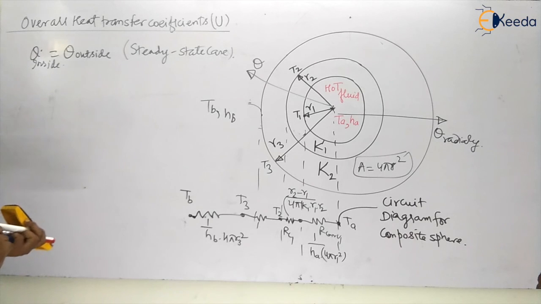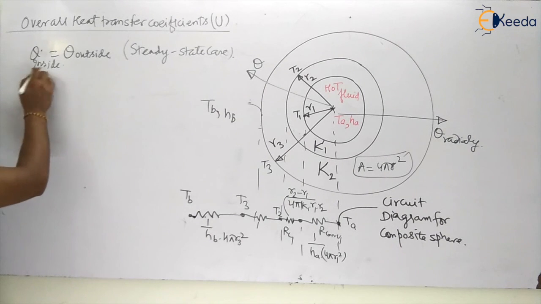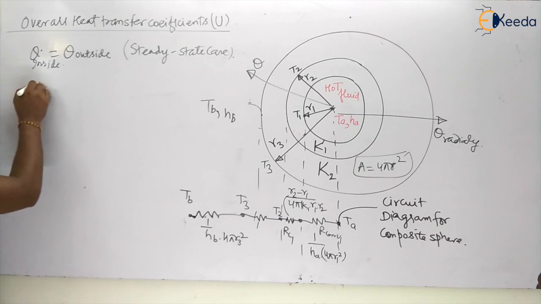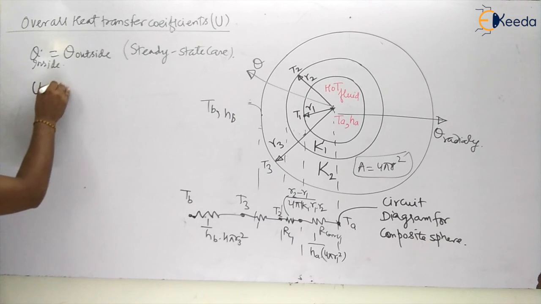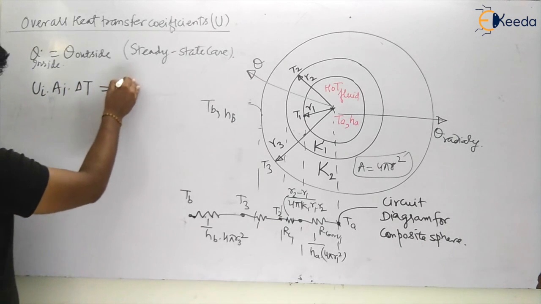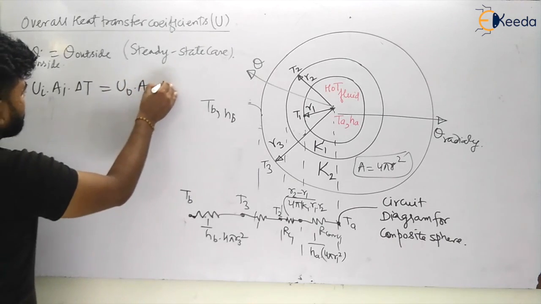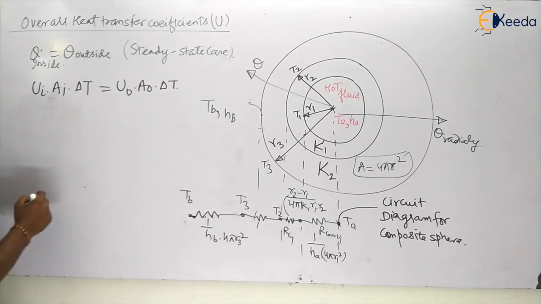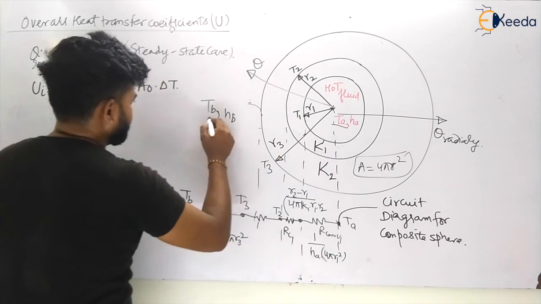So what will be the total heat transfer inside? That is overall heat transfer coefficient multiplied by inside area multiplied by temperature difference. So this will be given by UI multiplied by AI multiplied by delta T, which is equal to U naught A naught multiplied by delta T. And what is the delta T here? That is TA minus TB.